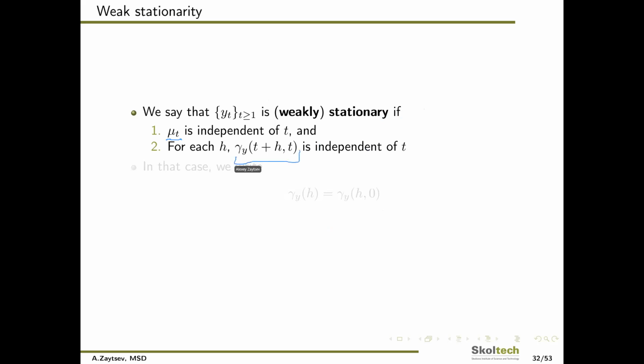The link between yt and y t plus h is similar to y tau and y tau plus h for any t and tau, and also for any h we don't have this different behavior. So we can say that, okay, if you have some yt, then in h steps we have some distribution, and it would be the same distribution if you start not from yt but from y t plus 1, for example.